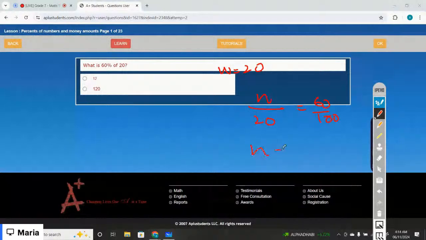So you have to do n equals 60 times 20 over 100. 60 times 20: 2 times 6 is 12, that is 1200, divided by 100, and that equals 12. So that means 60% of 20 is 12.